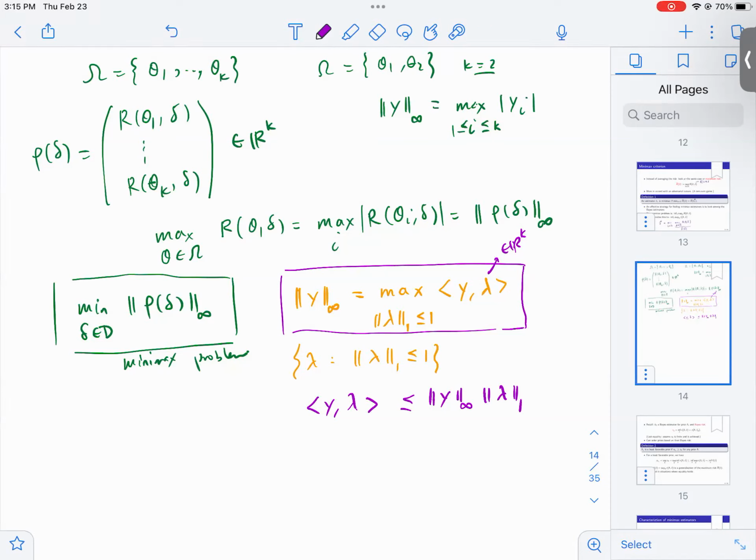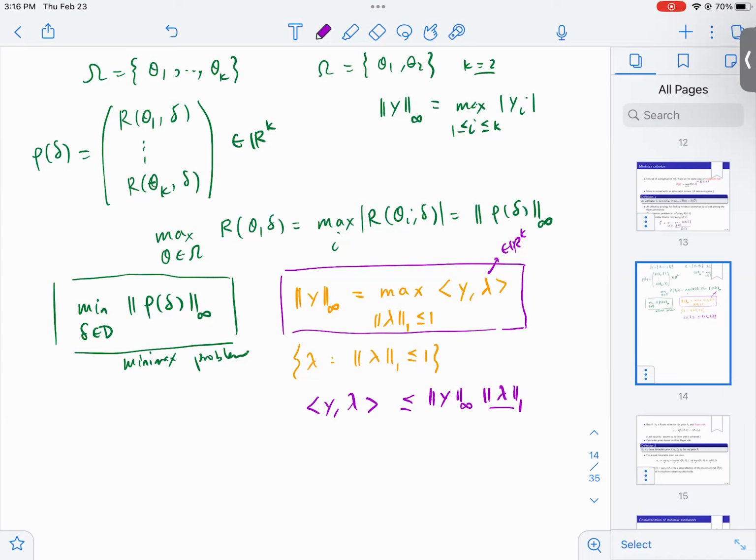Why this is so is because if you basically divide by the L1 norm of lambda, then you'd see that the maximum over all the lambdas for which the norm is at most 1 is going to be this, and the inequality holds.